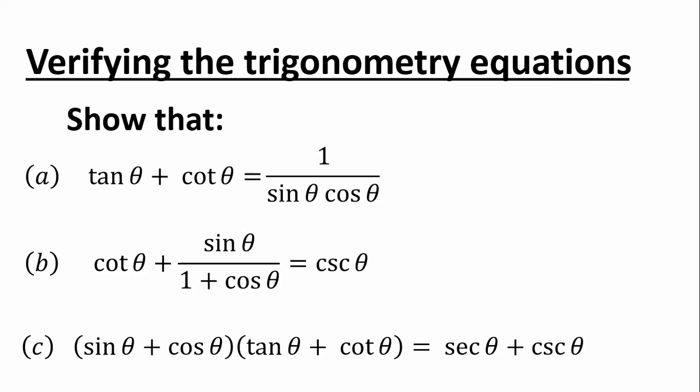This video is all about verifying this trigonometric equation. We are given this particular problem to show that the left hand side is equal to the right hand side. So now let's begin.